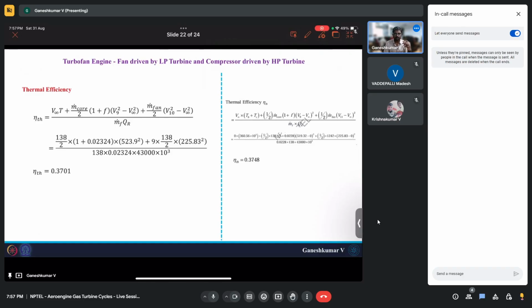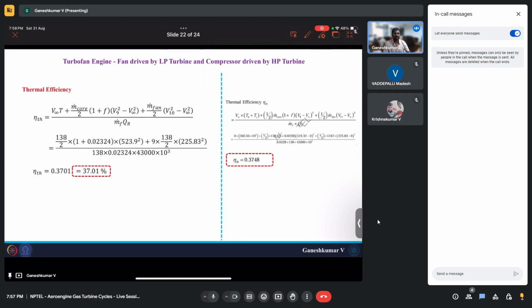Okay. So at the end of the day, basically the thermal efficiency is decreasing. That's what we see here, which is around 37.01%, compared to 37.48%, but it's also not that big of a difference, you can say. All because the design parameters are almost the same for both the configurations.